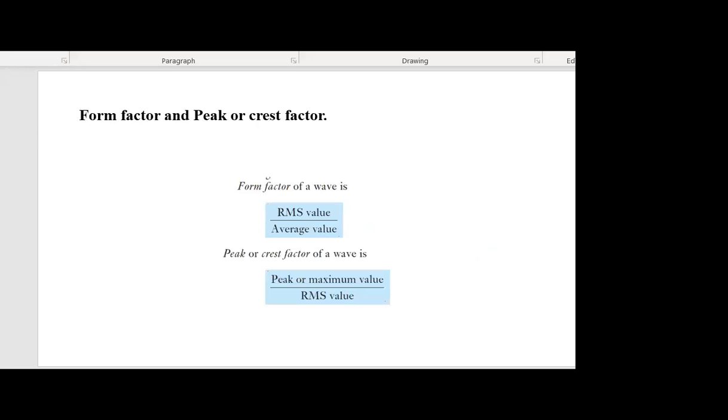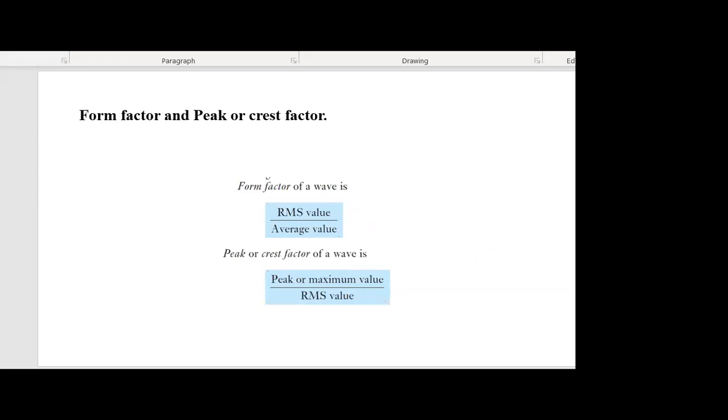Form factor of a wave is the root mean value over the average value. Peak factor or crest factor is the peak or maximum value over the root mean value.